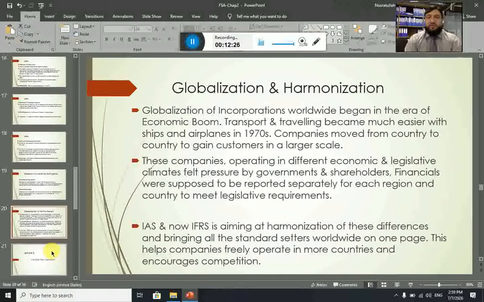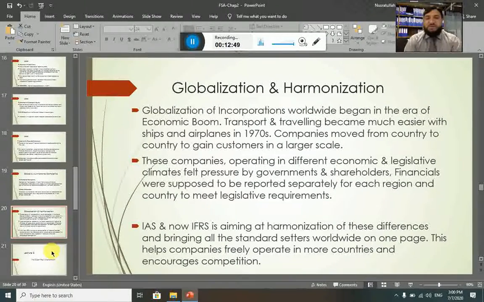Next, we have globalization and harmonization. Globalization of incorporations worldwide began in the era of economic boom. For example, transport and traveling became much easier with ships and airlines in the 1970s. Companies moved from country to country to gain customers on a large scale.